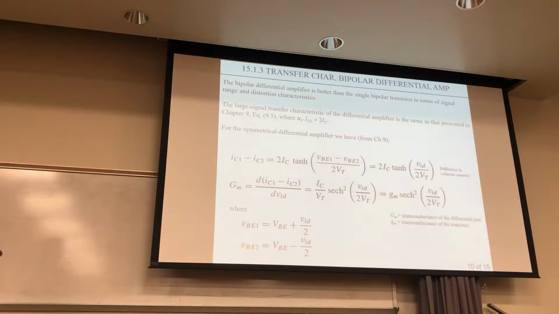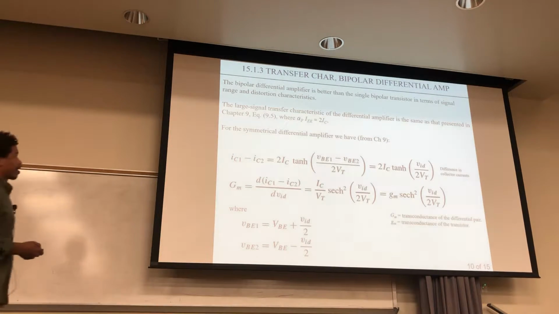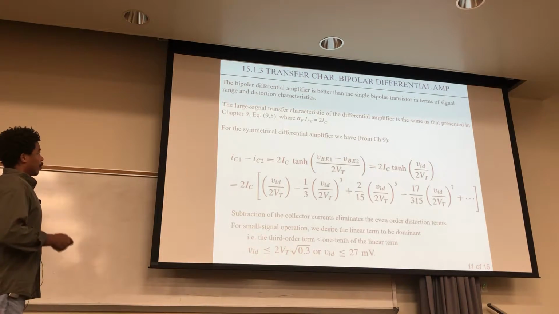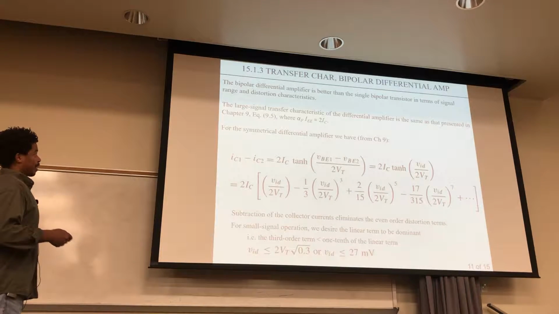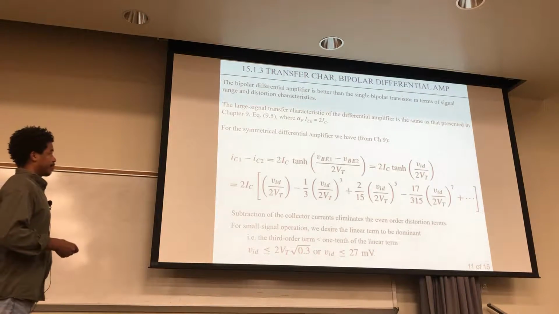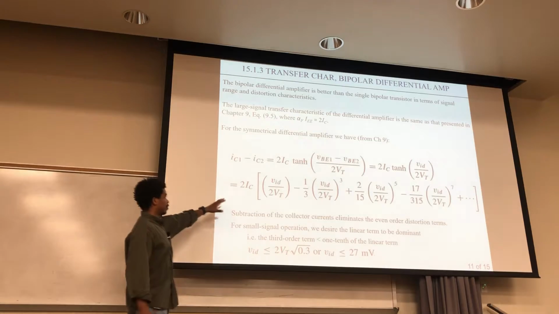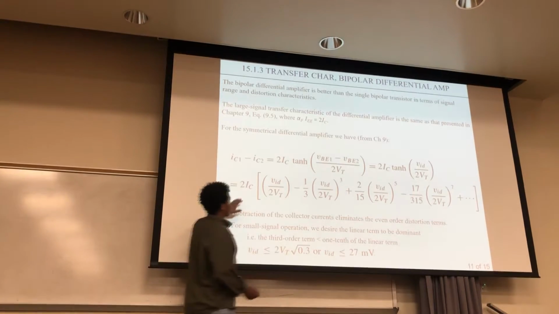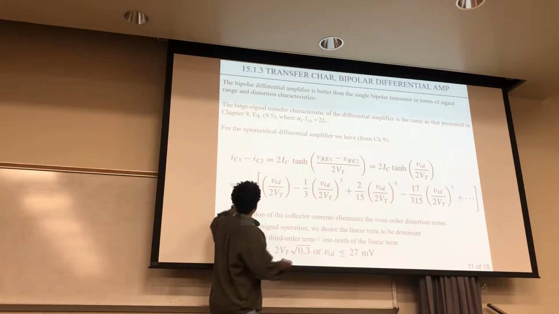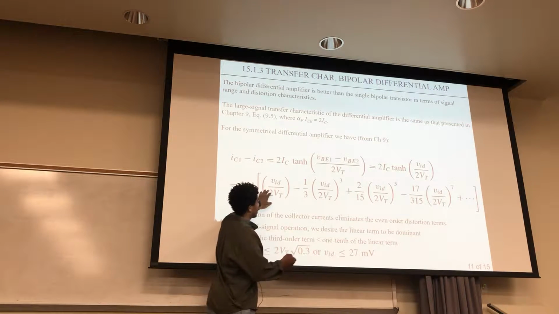Okay, so let's take it from here, from chapter 9, and we'll take this and do a Maclaurin series. Okay, and remember that's just a Taylor series about 0. So we're going to take this right here. So we have your 2 IC, and then we take this right here.